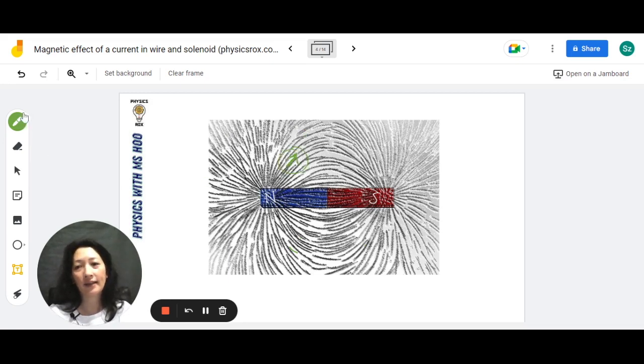The magnetic fields seem to all flow in a particular direction, and they always flow from north to south on the outside, and on the inside, they're flowing from south to north. So on the outside, north to south, and inside the bar magnet is south to north. So this tells us that the magnetic fields also have directions.